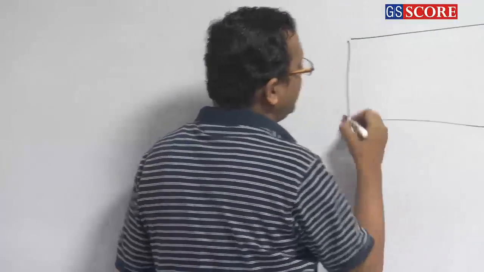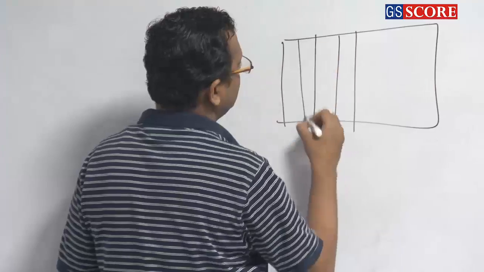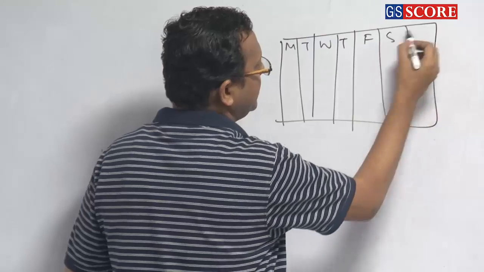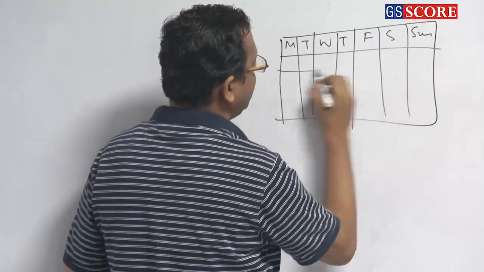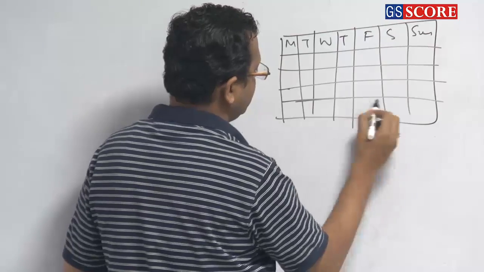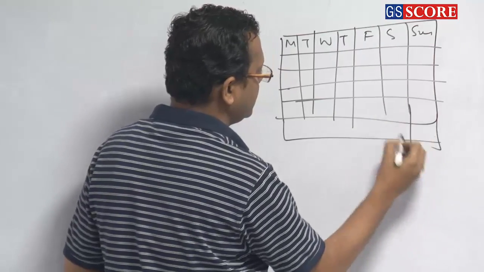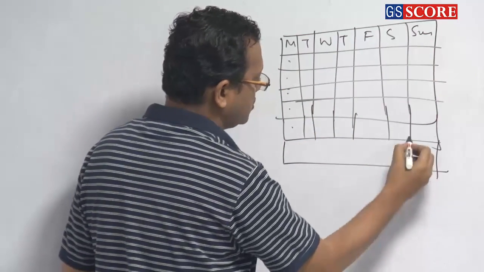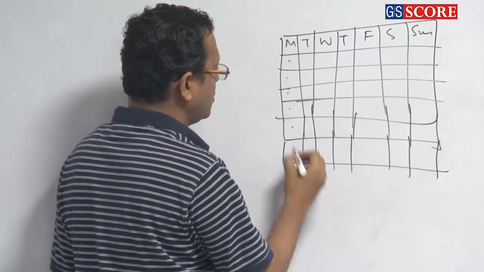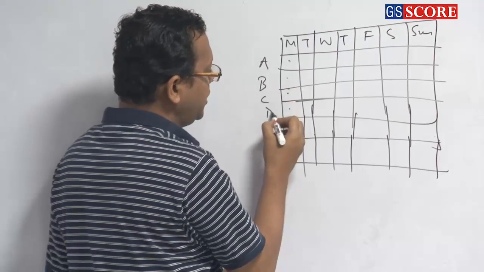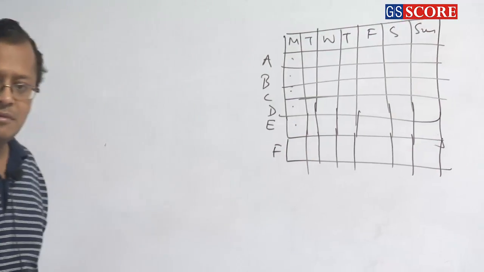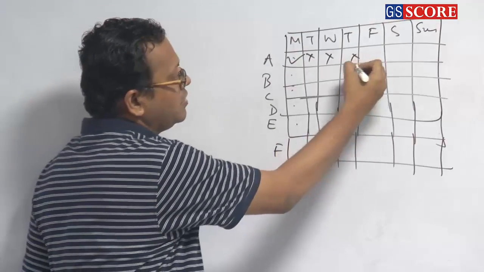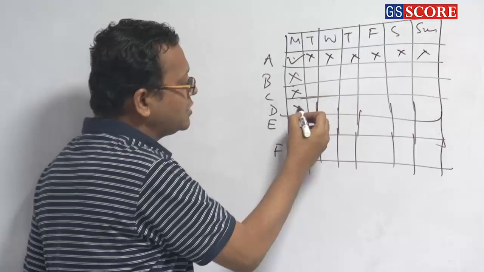The proper way is to write Monday, Tuesday, Wednesday, Thursday, Friday, Saturday, Sunday, and if there are six people, 1, 2, 3, 4, 5, and 6, say A, B, C, D, E, F. If A teaches on Monday, then the rest of that row and column will all be crossed.